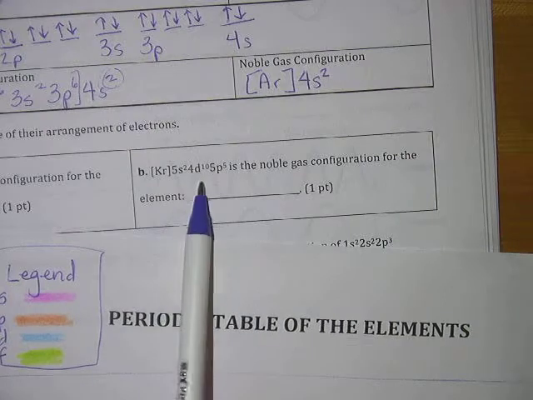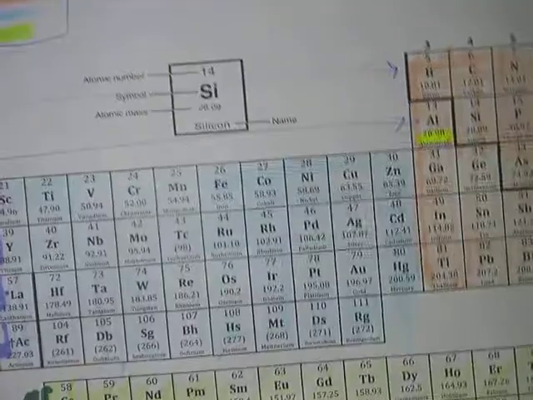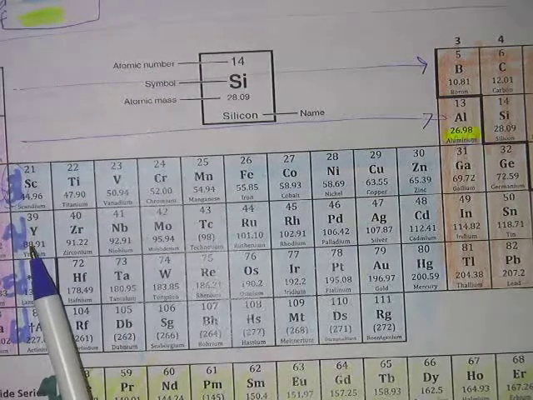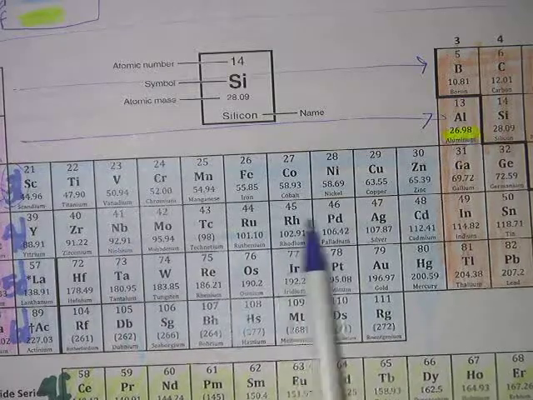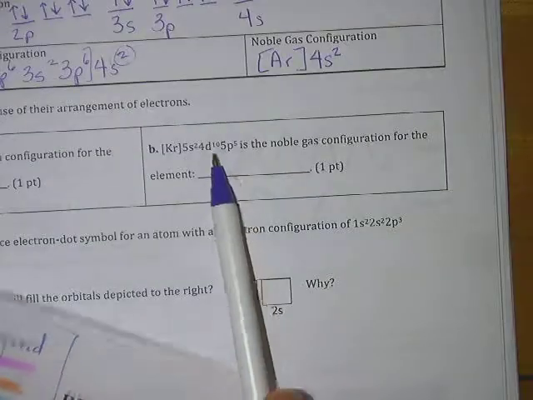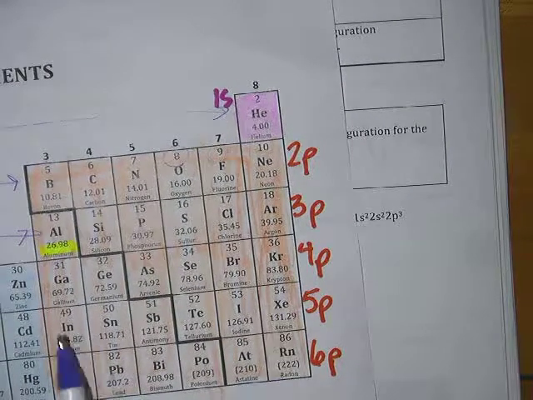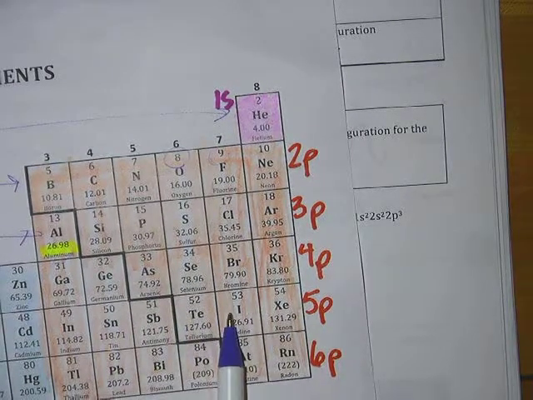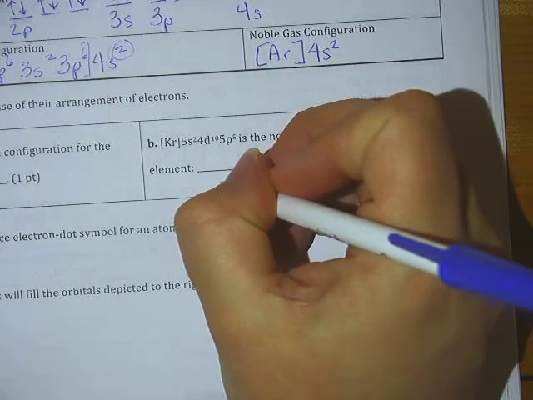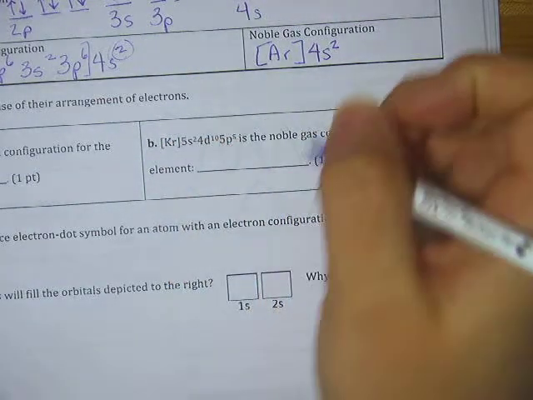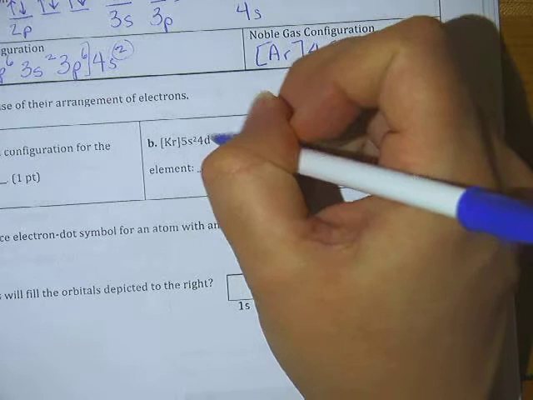Then it said 4d10. So you go, here's 4d, 1, 2, 3, 4, 5, 6, 7, 8, 9, 10. Then 5p5, come to the 5p section. 1, 2, 3, 4, 5. That's iodine.